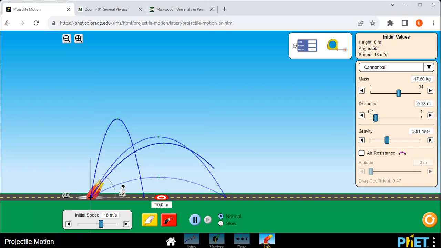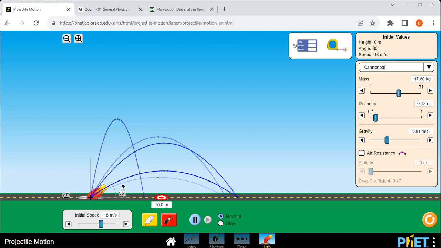Okay, so this one is 55 degrees and then 35 degrees. You see that for 55 and 35 it is again the same thing. So 60 and 30, 55 and 35 give us the same horizontal range.